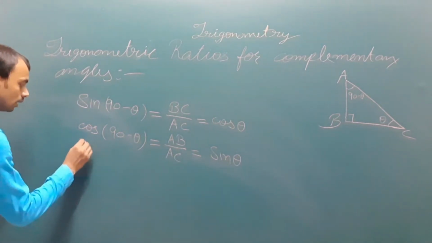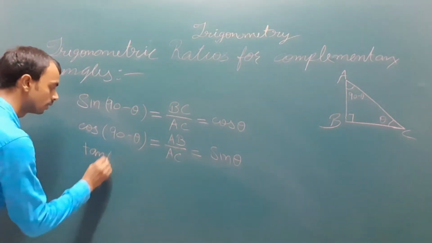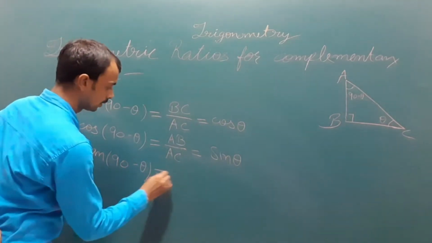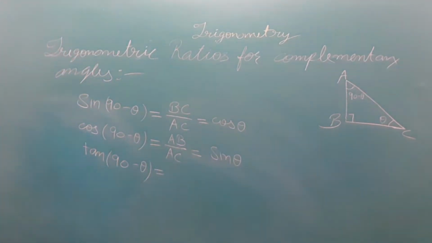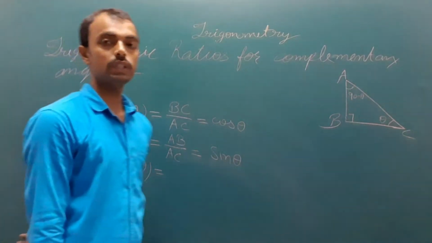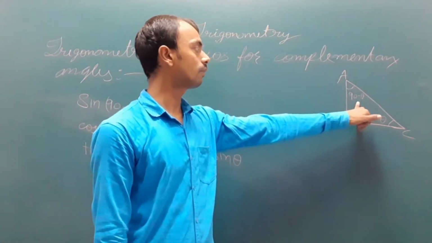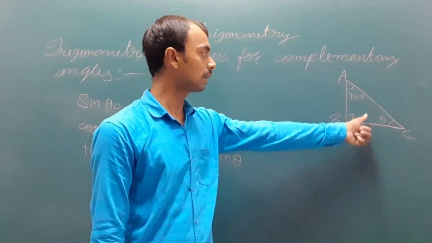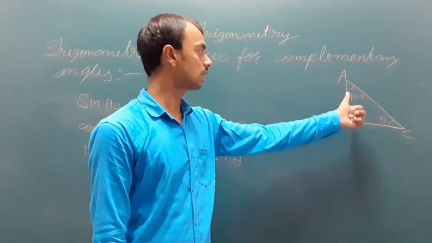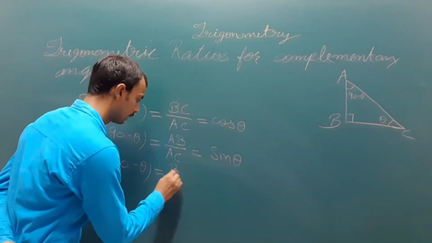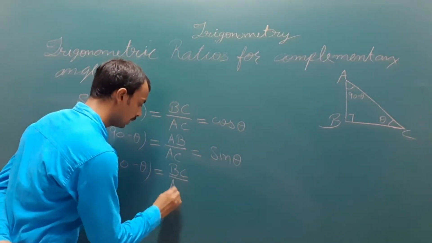The third one is tan 90 minus theta. Tan 90 minus theta is opposite upon adjacent. The side opposite to 90 minus theta is BC, and adjacent to 90 minus theta is AB. So it will be BC upon AB.